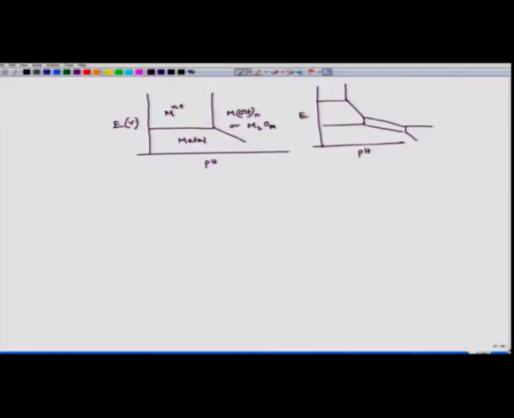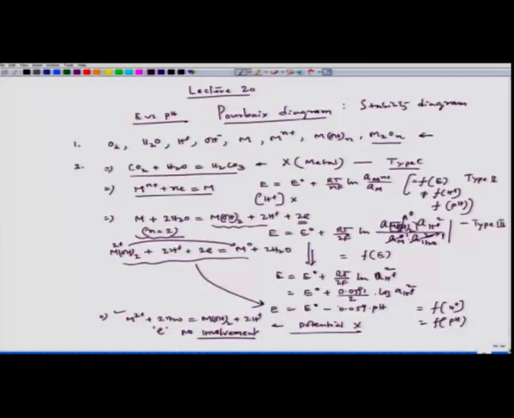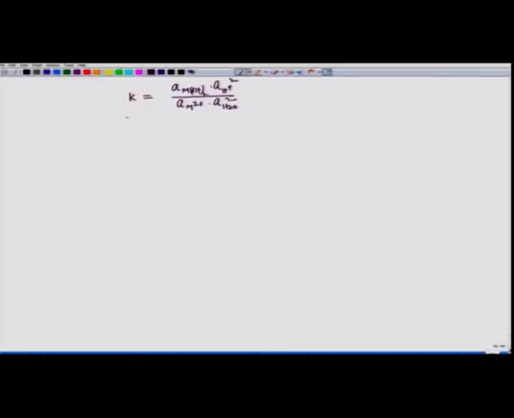So, if we consider the forward reaction, I can express K to be like this. Whether forward or backward does not matter, because it is an equilibrium constant. So, I can write this.